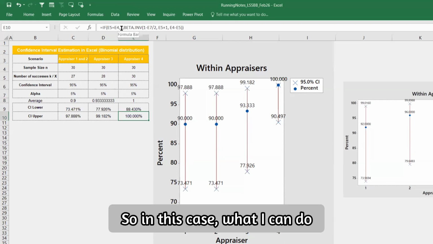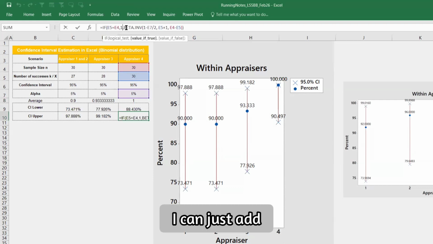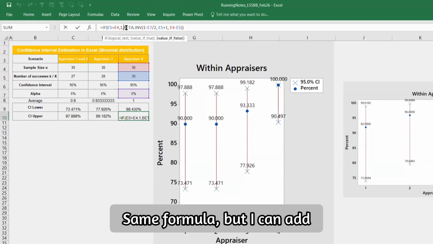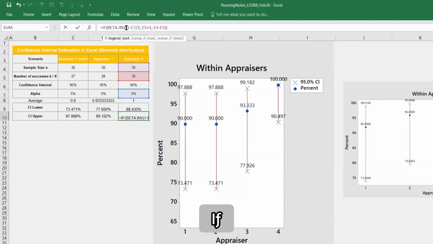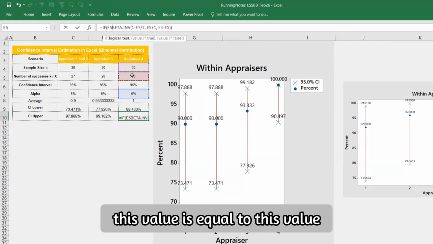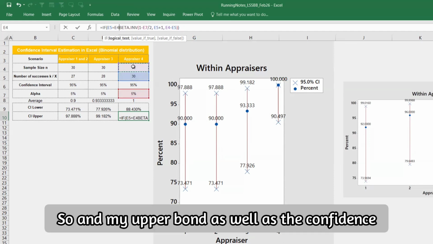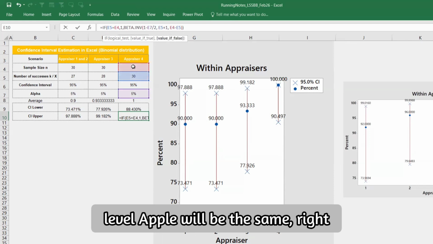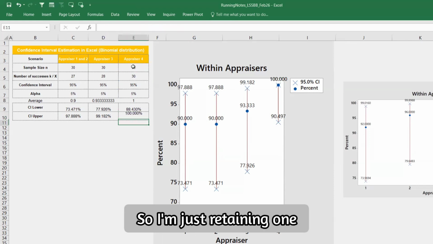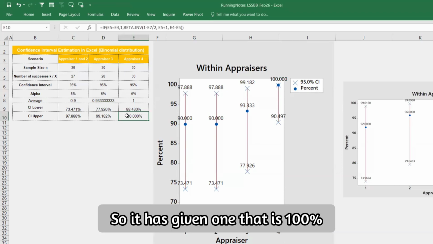So in this case I can add the same formula, but if this value is equal to this value, then it is 100%, and my upper bound as well as the upper confidence level will be the same. So I'm just returning 1, that is 100%.